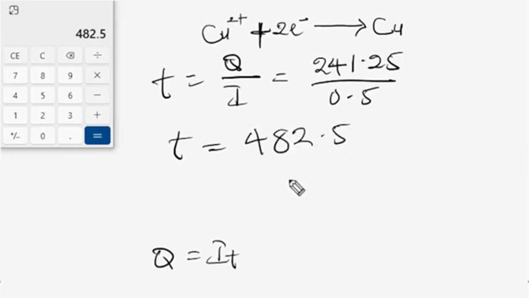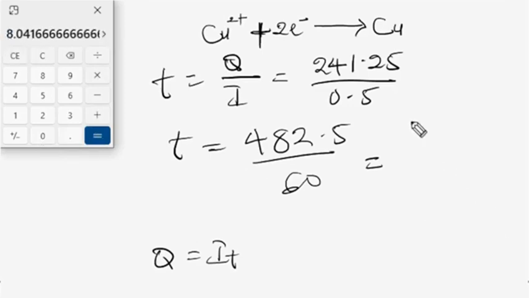So guys, this is 482.5 seconds. But then the options given to us are all in minutes. So to convert this to minutes, we'll simply divide by 60. So, you know, converting seconds to minutes, you divide by 60. So all these are simple conversions we should know. So when we do this, we are going to have 8.04.